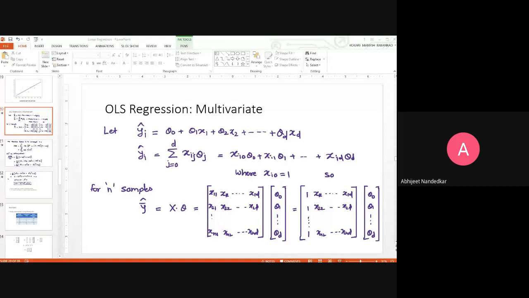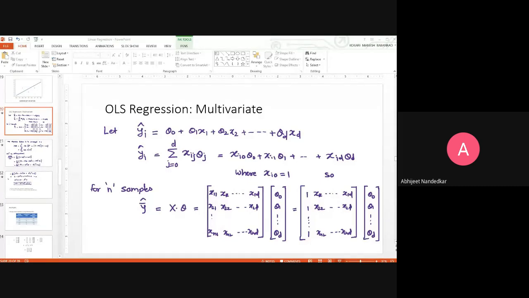Now what I am saying here today is that if this is my regressor, my input is capital X, that is a vector consisting of many variables. So instead of a single variable, now my estimator has to estimate y cap equal to f of capital X. Now this capital X is a list of variables.